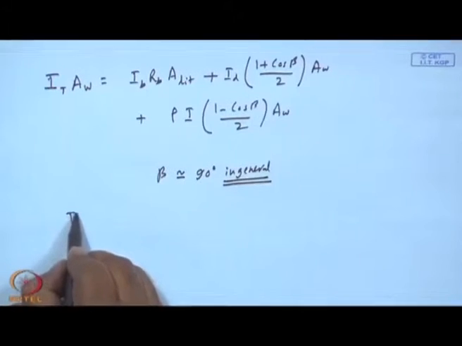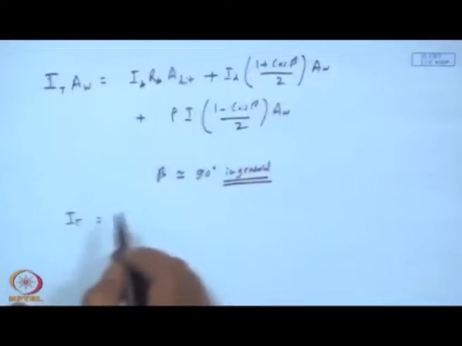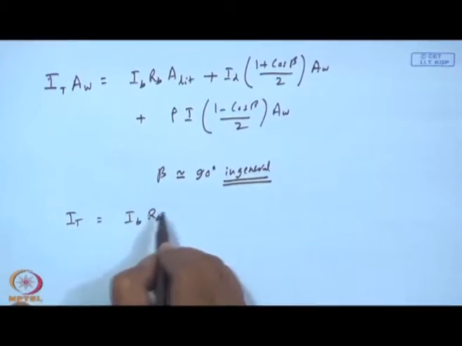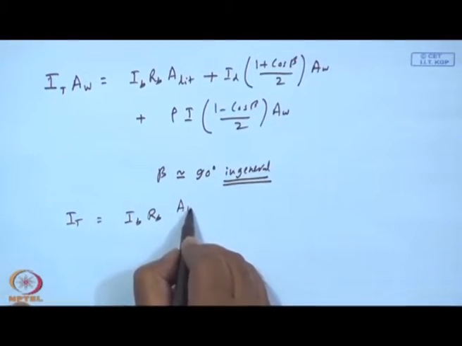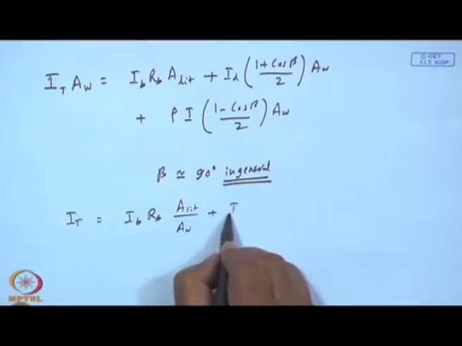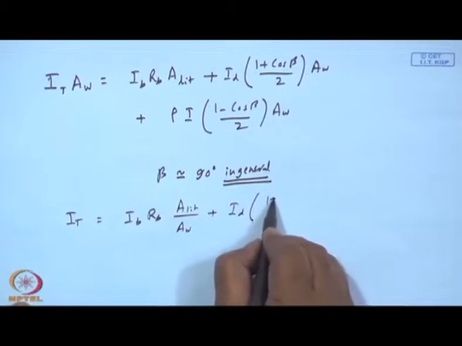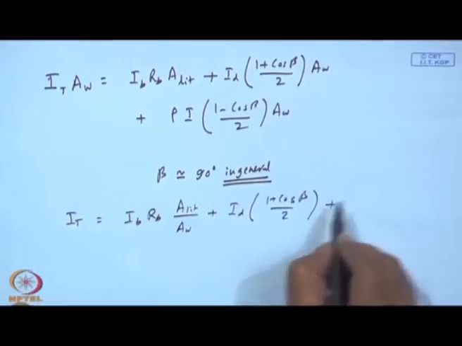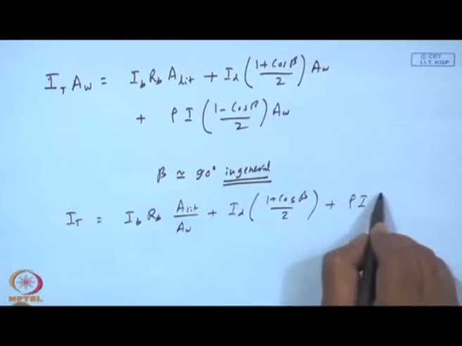So, if I calculate I t per unit area of the window, that will be equal to I b R b A lit by A w, plus the diffuse component, plus the ground reflected component.